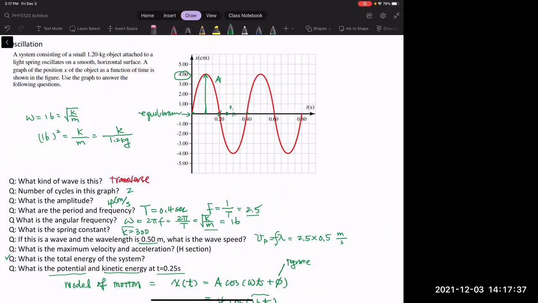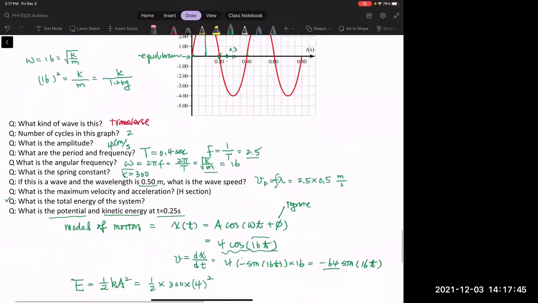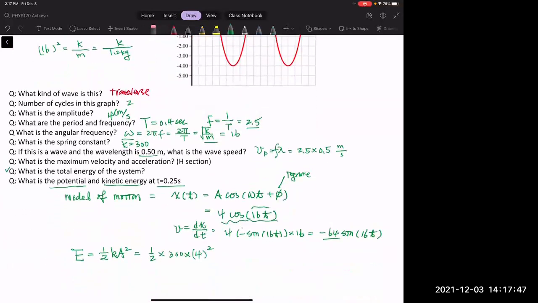This is 0.3, this is 0.25. If you want to find the energy, you need to know the position and you need to know the velocity, because kinetic energy depends on velocity and potential energy depends on the displacement. So you need to know x, you need to know velocity.